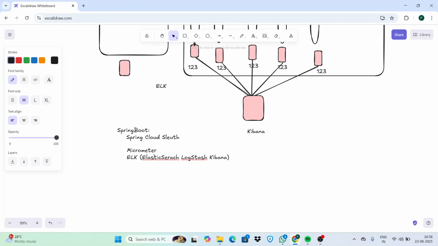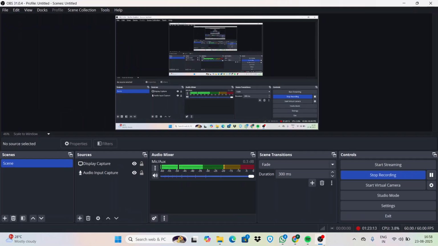Then Micrometer is used to send the metrics, the system metrics and the service health metrics. And ELK, that is Elasticsearch, Logstash, and Kibana, is used for the distributed logging concept. Okay, thank you.